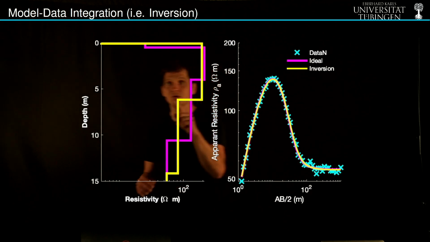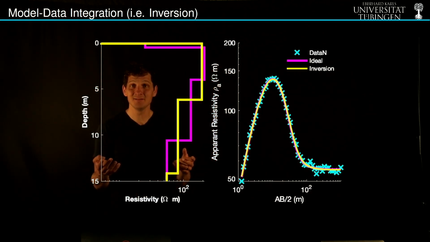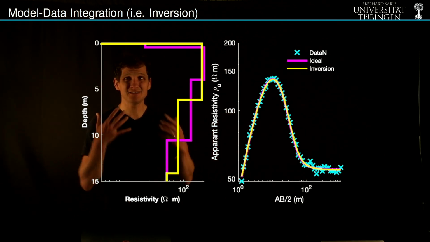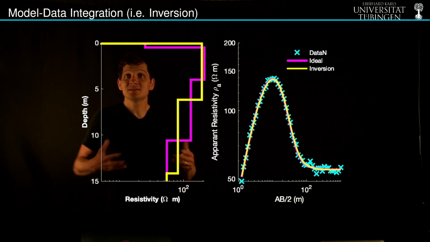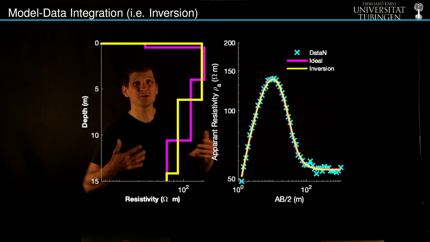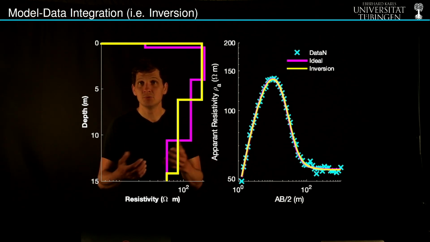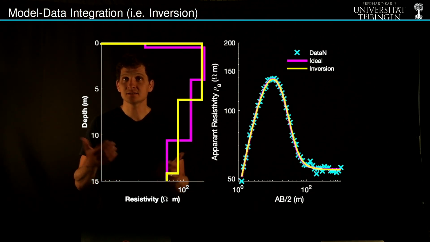And you see that the yellow curve and the pink curve are not the same. But the yellow curve explains the observations essentially just as well as the pink curve. Yeah, and this is the principle of equivalence. There may be multiple solutions. There are multiple explanations for the same set of observations, and the reason is there are trade-offs.